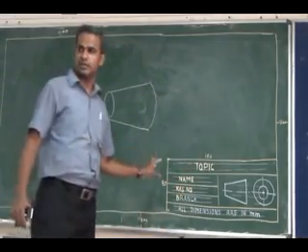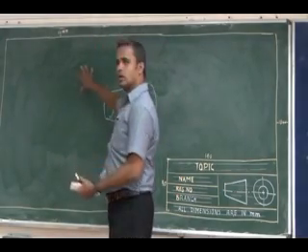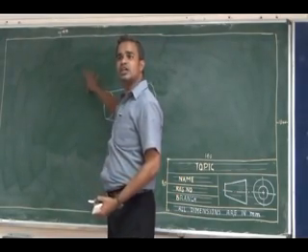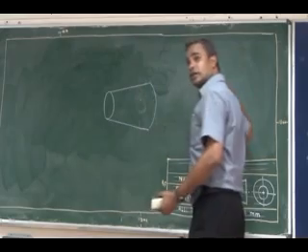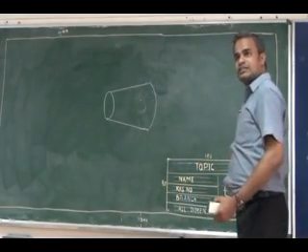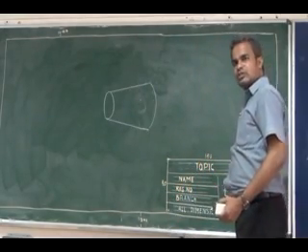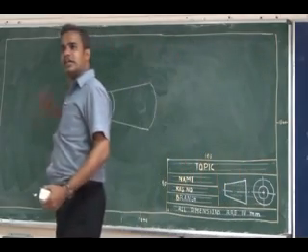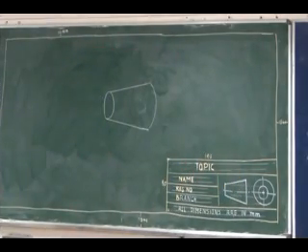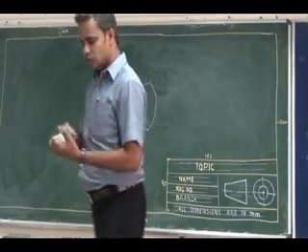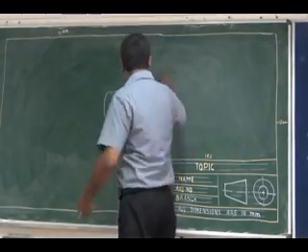If the symbol changes, the drawing is represented as per the third angle projection. Now this is the symbol of first angle projection, so whatever drawing you draw inside will follow the first angle projection principle. We will come to that.